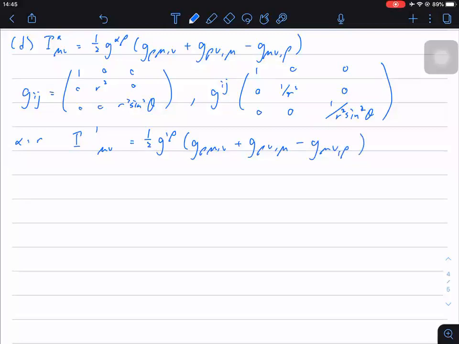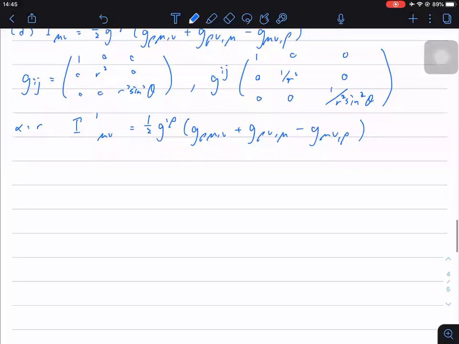Since we are summing over all rho, and only G11 is non-zero, both G12 and G13 are 0. Basically, it's just G11 that matters.